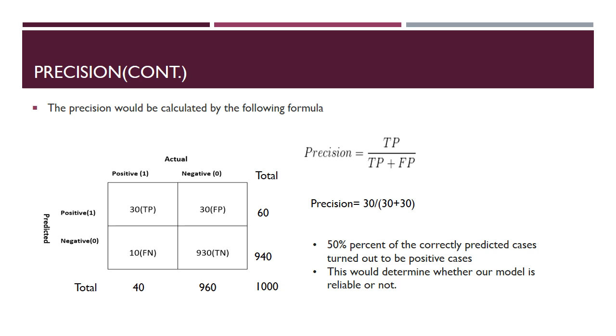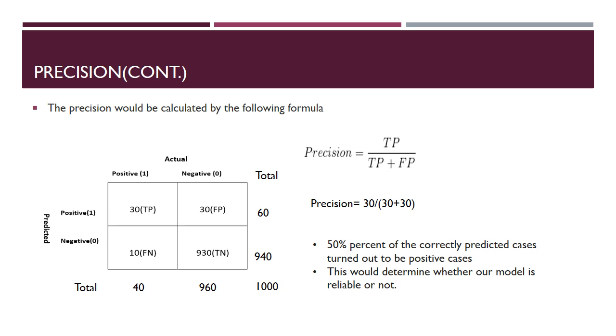The model was able to detect only 75% of the patients with the disease. And now we can see that in precision, of the patients that were diagnosed as the positive class or disease class, 50% had no disease. So only 50% of the predicted cases actually turned out to be positive.